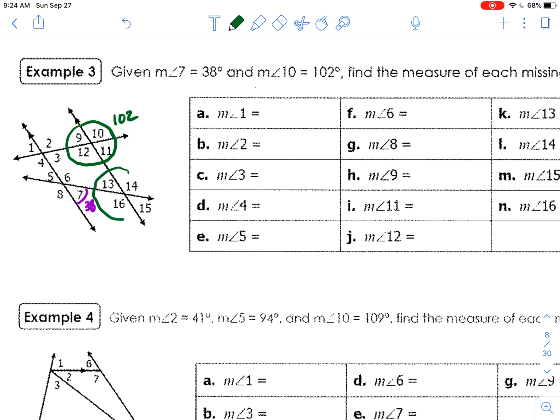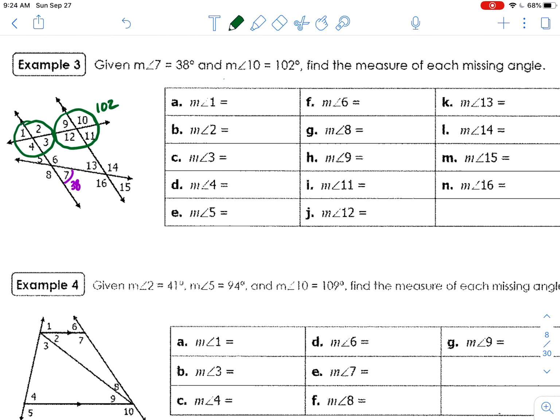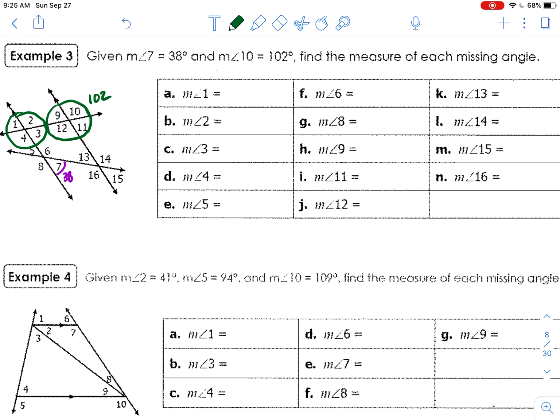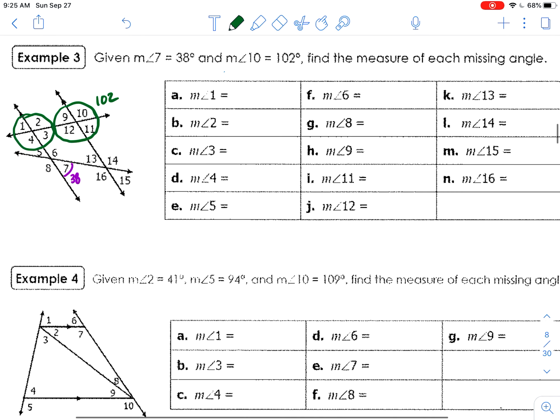They will not match these angles because we can see that these 2 lines are not parallel, so they do not give us congruent or supplementary angles. They have to be on the same transversal. This grouping of angles is on the same transversal with those parallel lines, so those are the ones that are going to give us congruent and supplementary. So we know that angle 10 is 102, and see what you can do. So pause the video and fill out what you can and then come back and check your work.